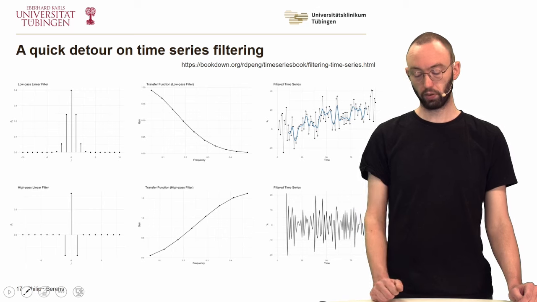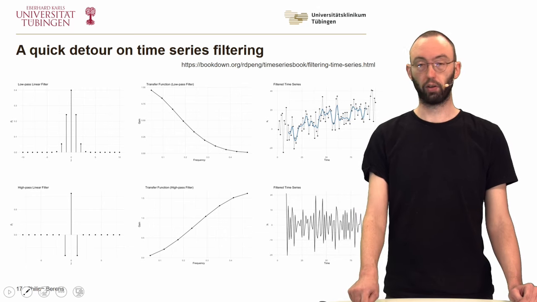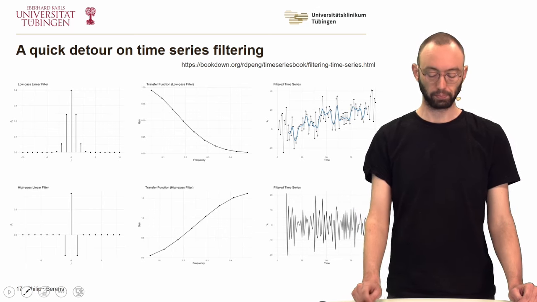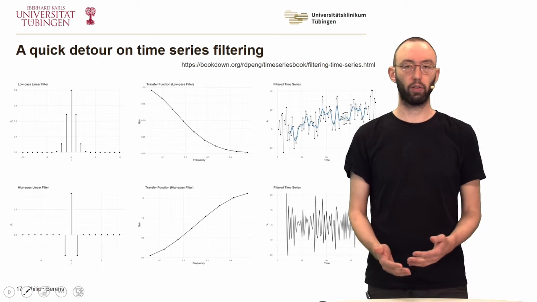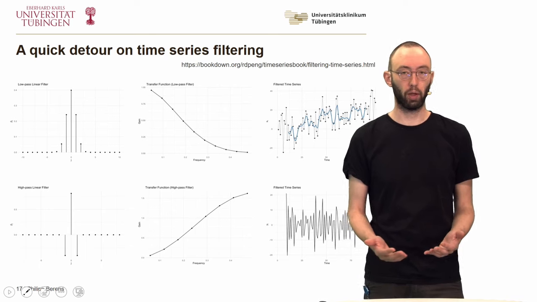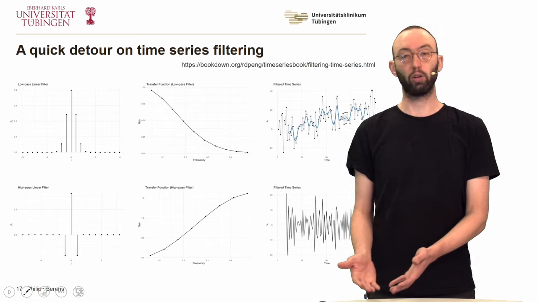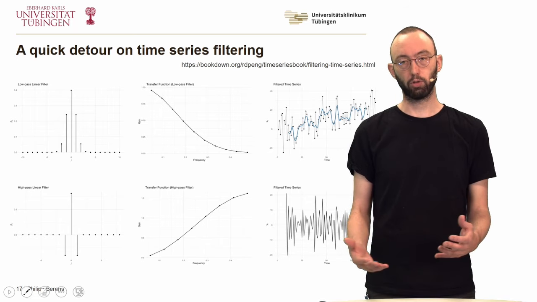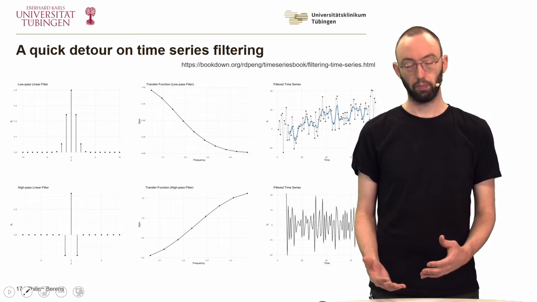If you apply this to the time series, then it looks like this. This particular time series, of course, doesn't contain much information in these high frequencies, so now it looks like pure noise. But I think the principle becomes clear.